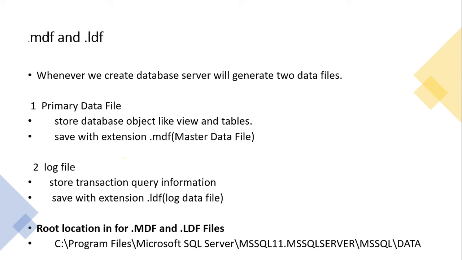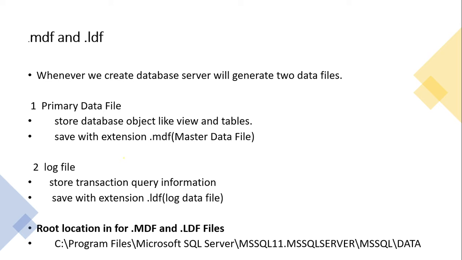So we have two types of data files. One is MDF and the other is LDF. MDF is the primary data file, and its abbreviation is master data file, and LDF is a log data file. These two files hold the information of particular things only.